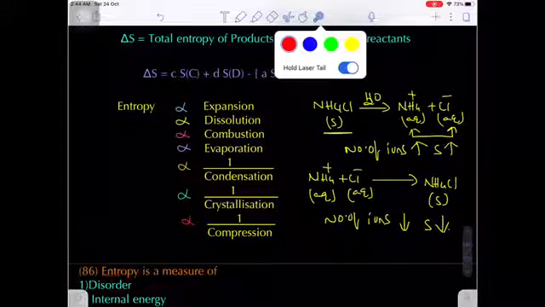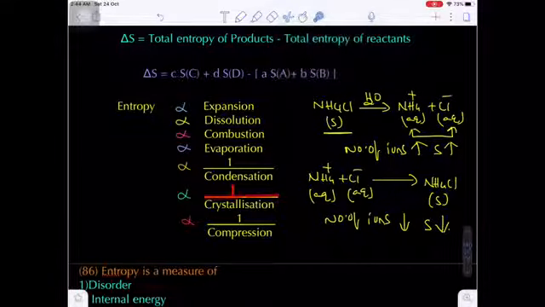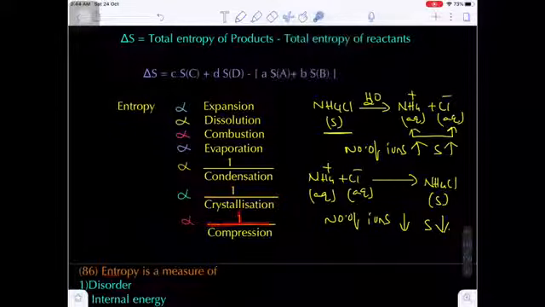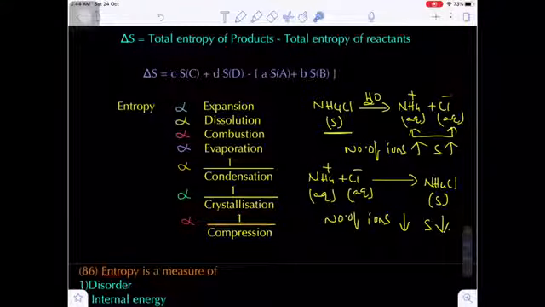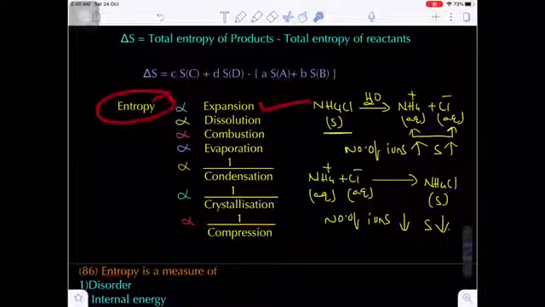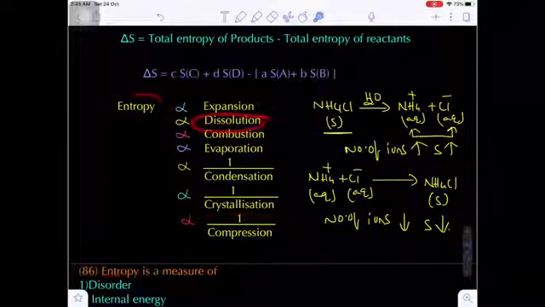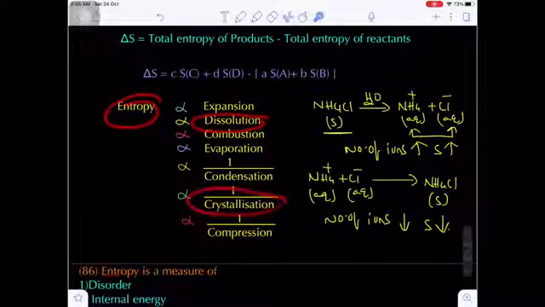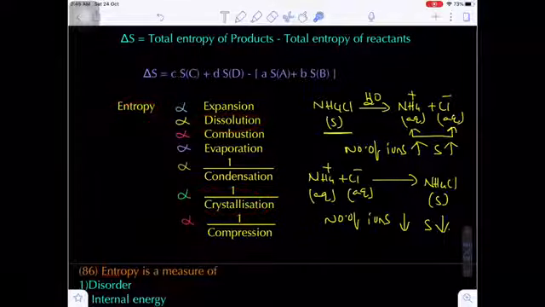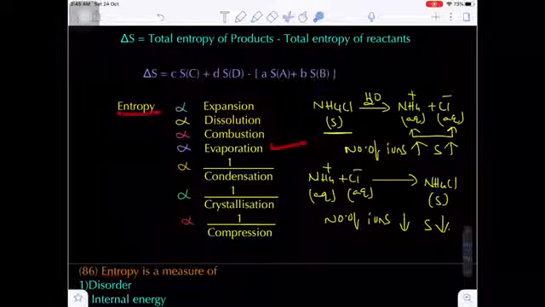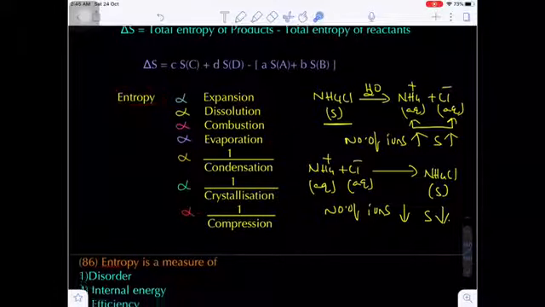That's why there is a reciprocal relationship, that is, inversely proportional. That is crystallization. Next, compression. During compression, volume decreases, randomness decreases, entropy decreases. During expansion entropy increases, during compression it decreases. During dissolution entropy increases, during crystallization entropy decreases, during evaporation entropy increases, during condensation entropy decreases.